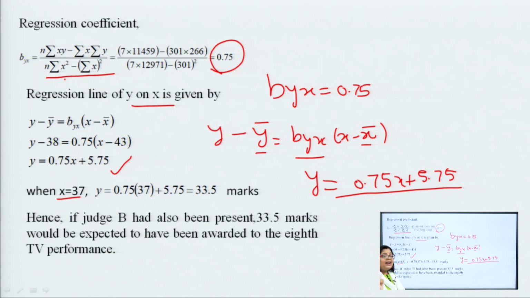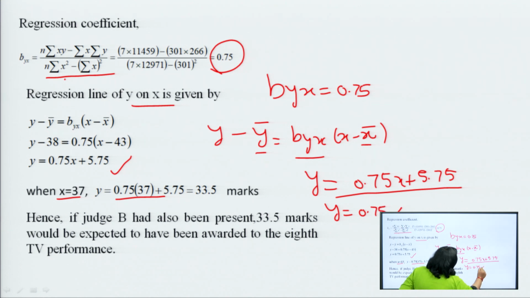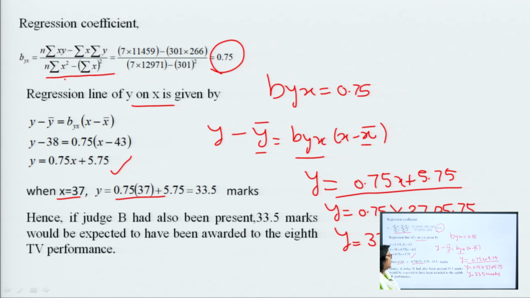That means the marks given by judge A is 37, and we also find the marks given by judge B. So, putting x is 37, y is equal to 0.75 into 37 plus 5.75, we get y is equal to 33.5 marks. That means the marks given by B to the candidate is 33.5 marks.